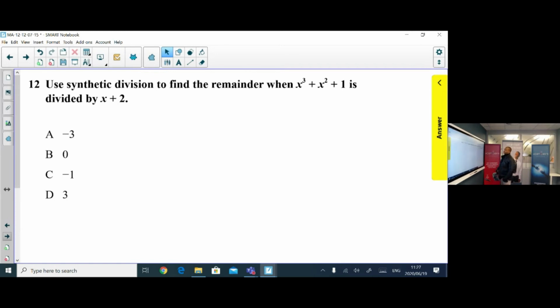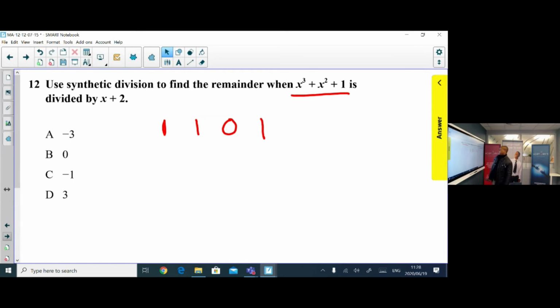I hope you are moving. Those that are stuck on remembering the synthetic, I'll just give you a hint of it. 1, 1, 0, 1. Where is that coming from? These are coming from the coefficients of the cubic expression that is given, where the cubic part has a coefficient of 1.